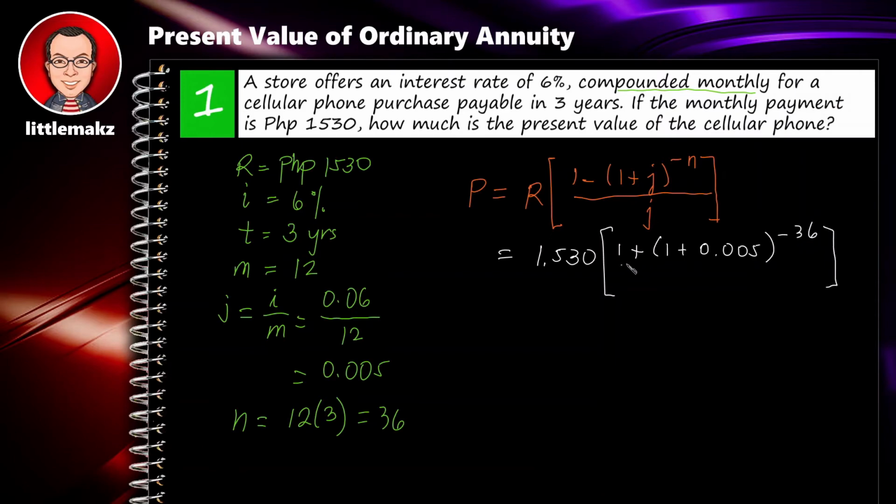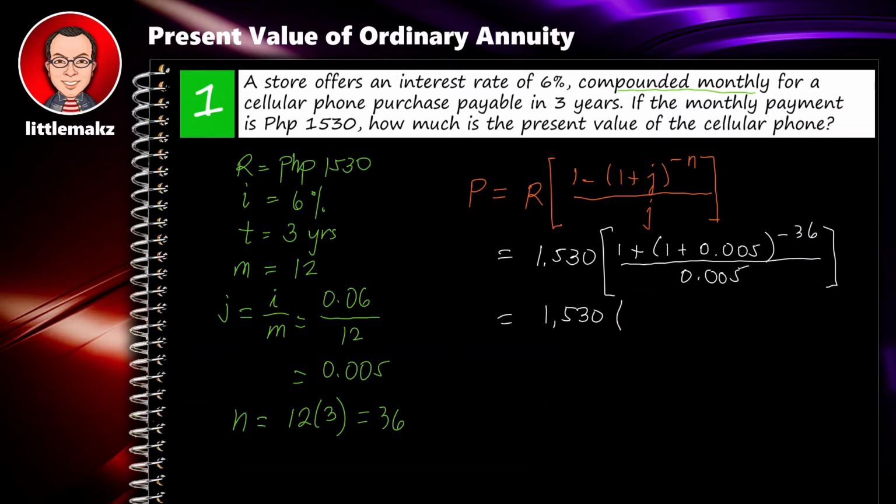Close that. Our denominator J is 0.005. So we have 1,530 will be multiplied to this one.